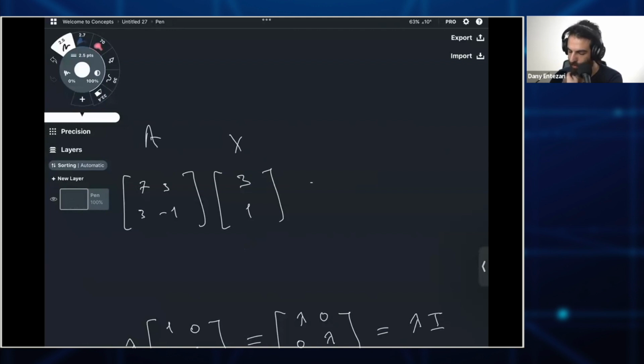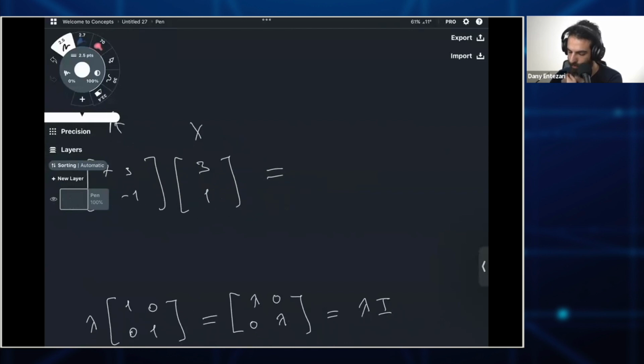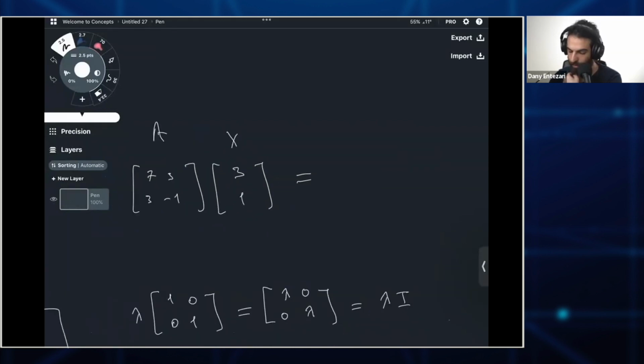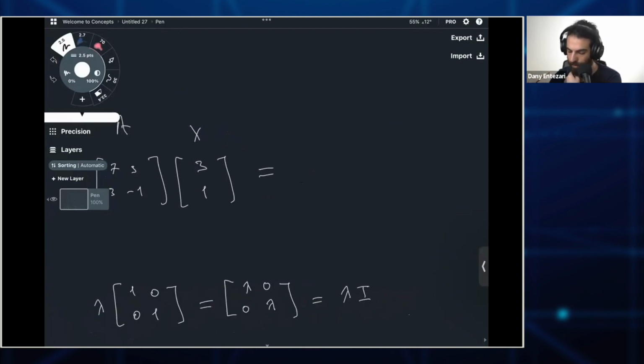Now we need to multiply this. So we will multiply these and we will get 3 times 3, then 3 times 1. Anyway, skipping the product and sum business, we will get this third vector, which is equal to 24 and 8.